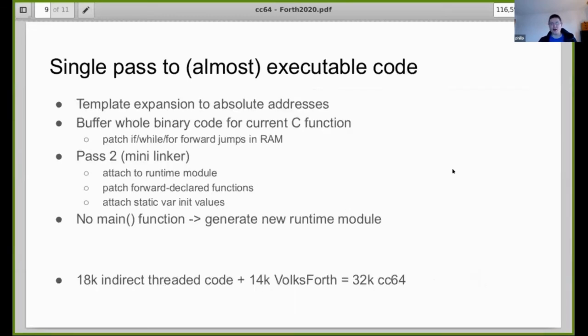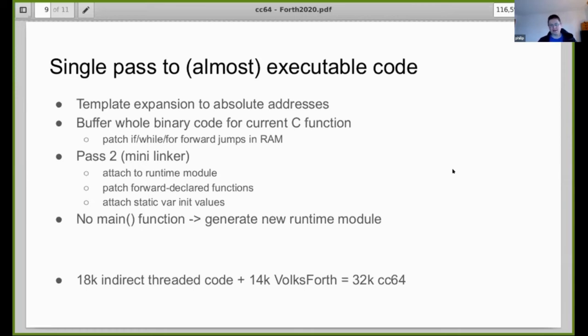It's all done almost in a single pass. These code templates, even while the parser is parsing and calling down through the code generator to this, I call it virtual assembler, already fill in absolute addresses where they are relevant, for example, for static variables.